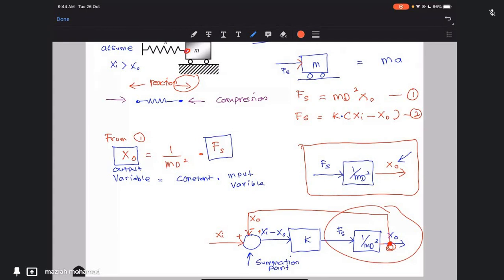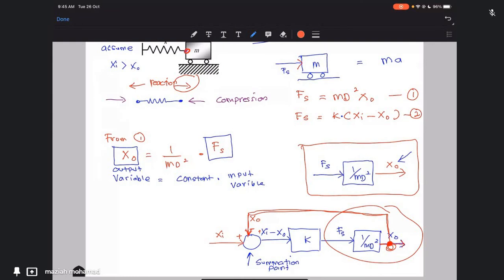Meaning the signal here represents x naught. The arrow here represents x naught. So we can just tap it, saying this is x naught, and then bring it to the summation point here, telling the system that this signal is x naught.